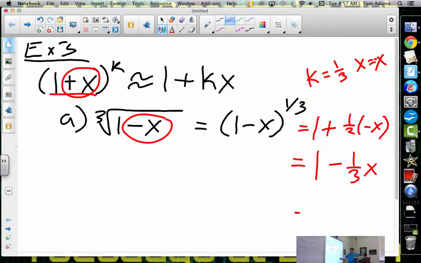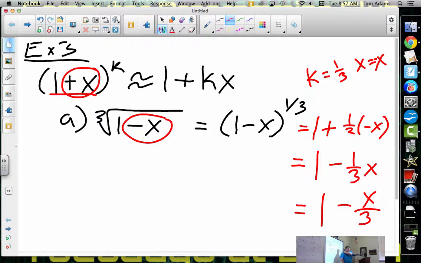Your textbook actually writes it this way, negative x over 3. I keep writing the plus sign. And so whatever value for x I plug into the original function, if I plugged it into this linear approximation, it would be very close, just like the other problems we did before. Does that make sense? All right. So let's do another one.